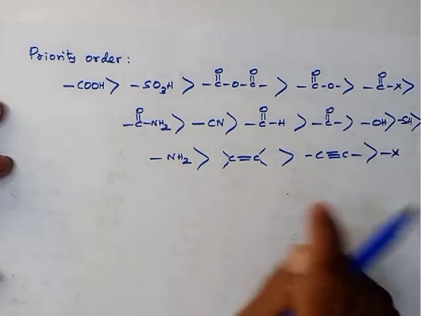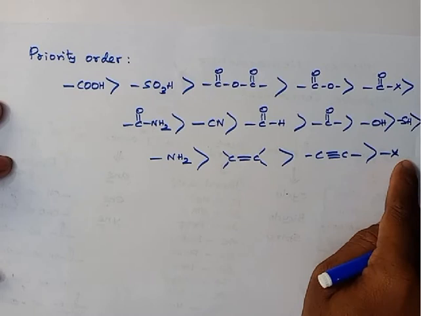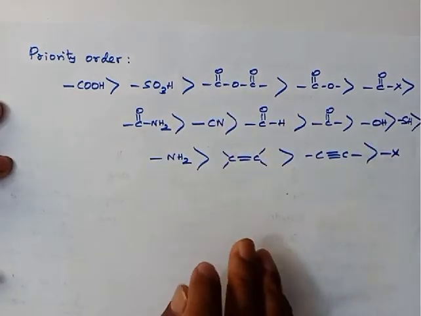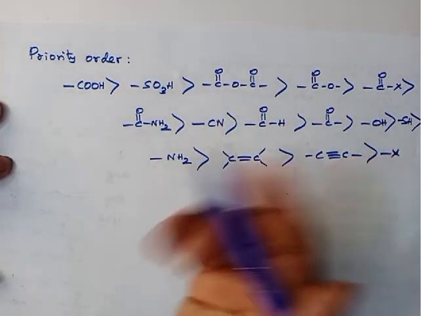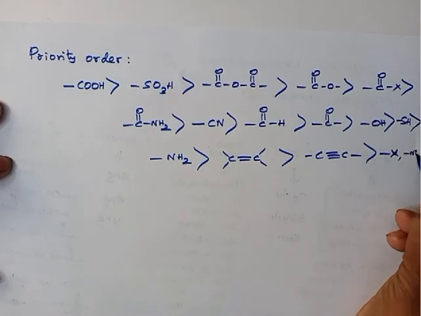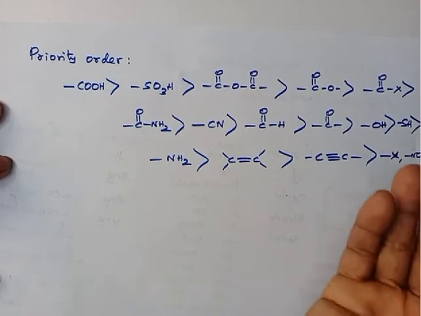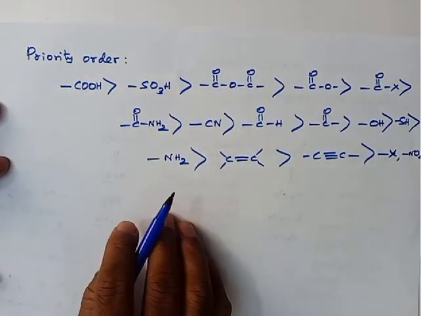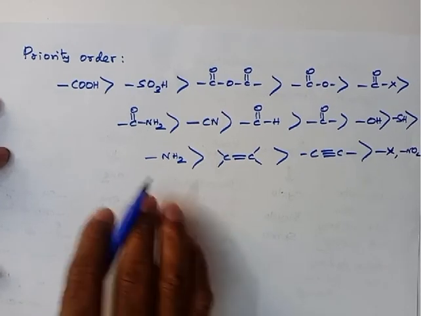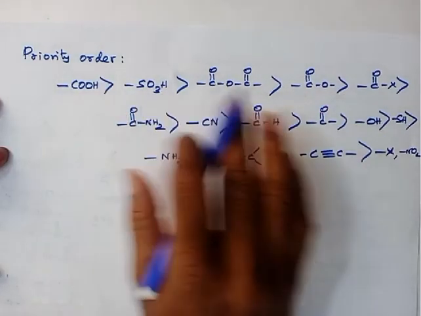And I have told you halo, nitro, all these groups are always treated as substituents, and should be named in the secondary prefix. So this is the priority order. Keep this in mind.